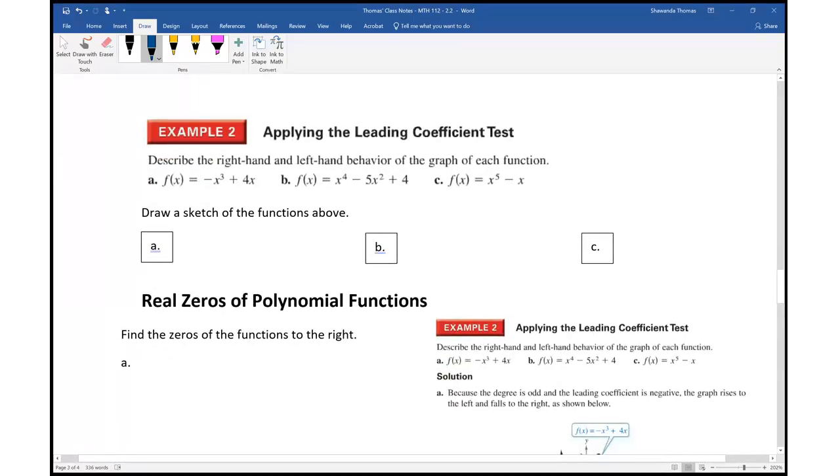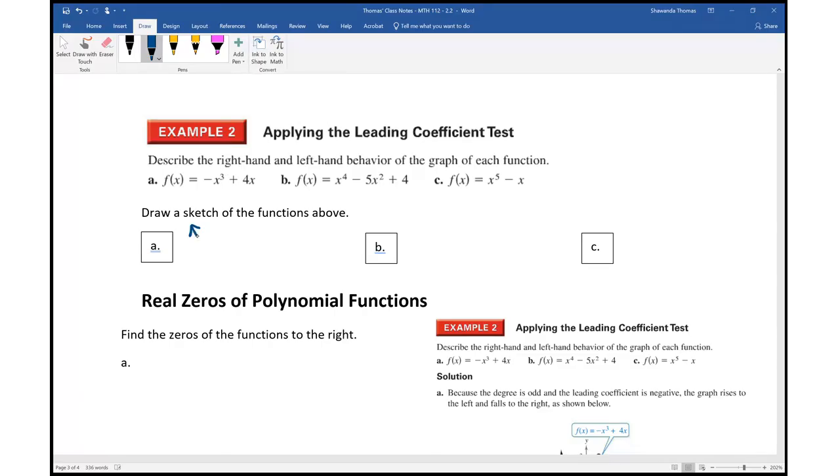If we have f of x equals negative x cubed plus 4x, is that an even or odd degree polynomial? Well, we see this is cubic, obviously, because it's to the third power, but it is negative, right? So since it is negative, our ends will flip.